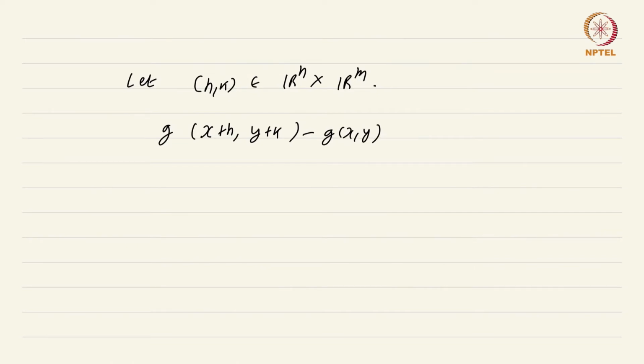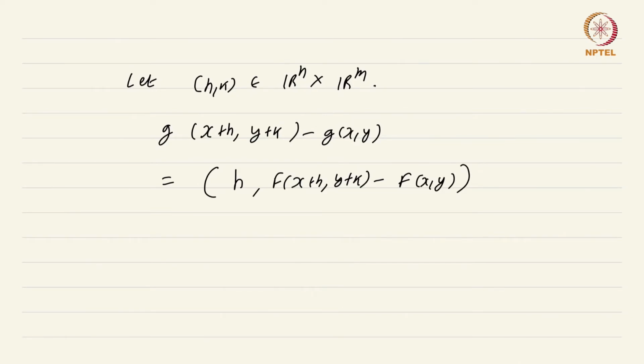Choose h and k so small. Now if you look at the definitions, the first few coordinates are x plus h minus x, which is just h, and the second coordinates are f of x plus h comma y plus k minus f of xy.